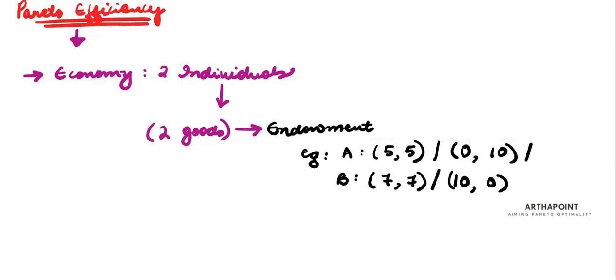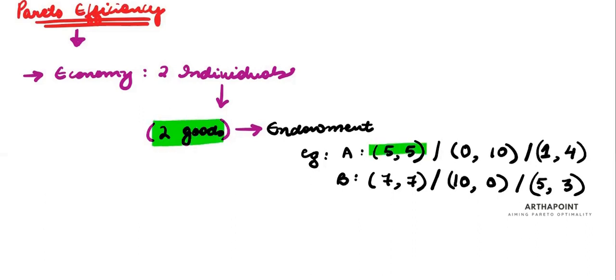It can even be non-symmetric. For example, A can enter with 1 unit of good 1, 4 units of good 2, B with 5 units of good 1, 3 units of good 2, anything. But the individuals are entering the market with two commodities, good 1 and good 2, in certain amounts.